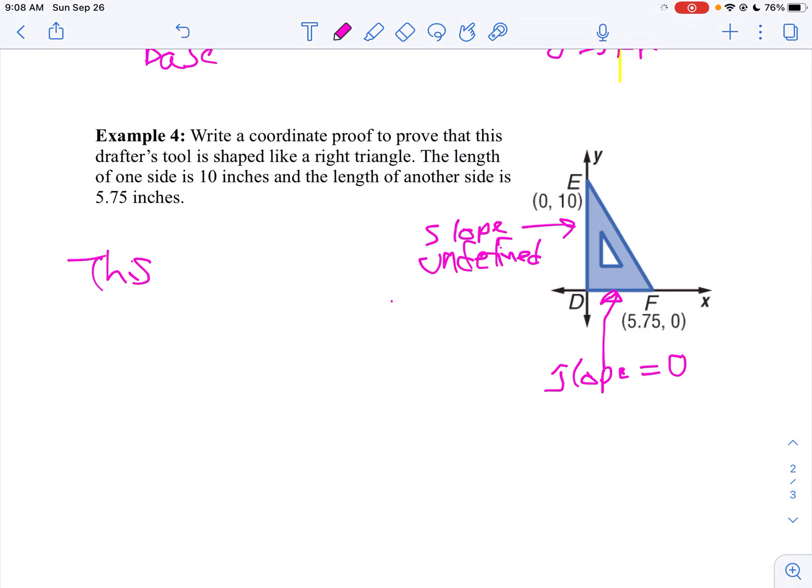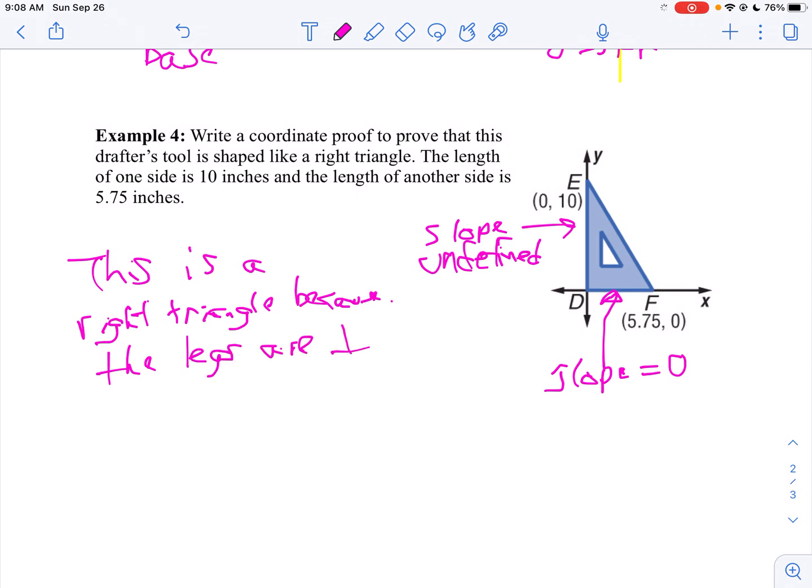I'll write a sentence here. This is a right triangle because the legs are perpendicular. And that's it for your proof.